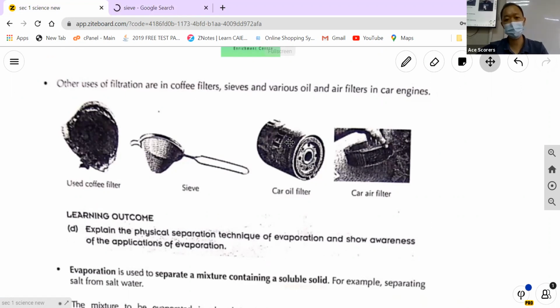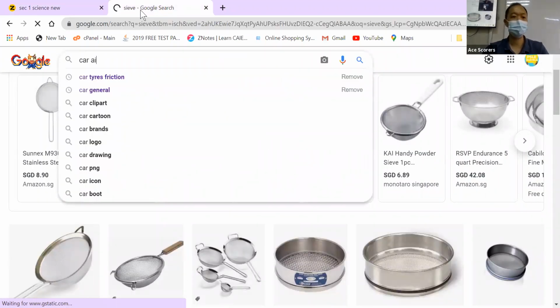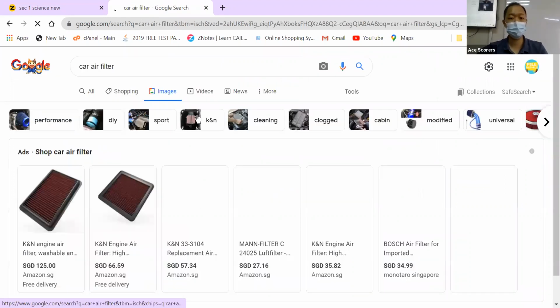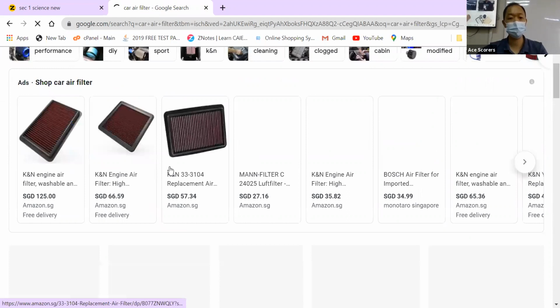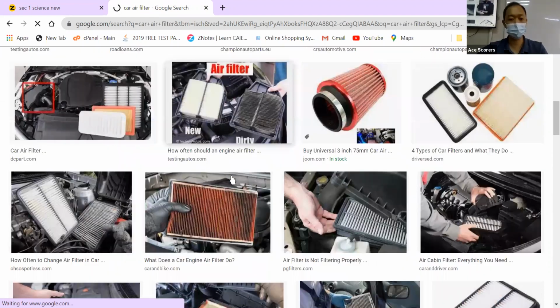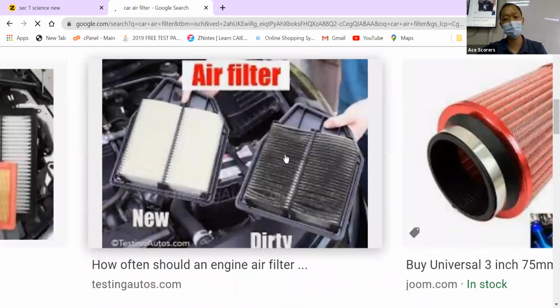Okay, what is this? Car oil filter, car air filter. I don't know if you've seen this before. Okay, so it's something like an aircon filter. Yeah, right. If you do servicing for the car, they have to replace this. If not, you'll be breathing in all the dust and everything.